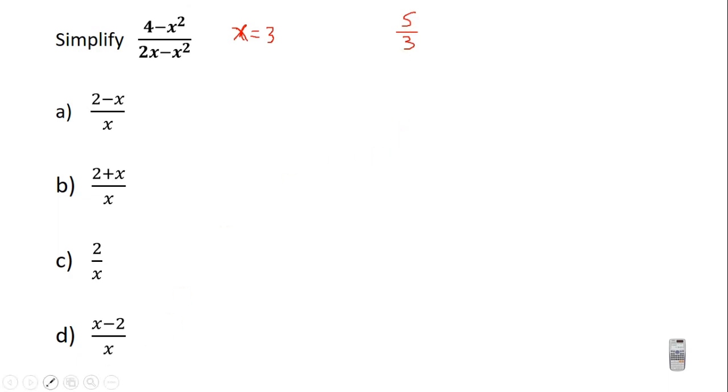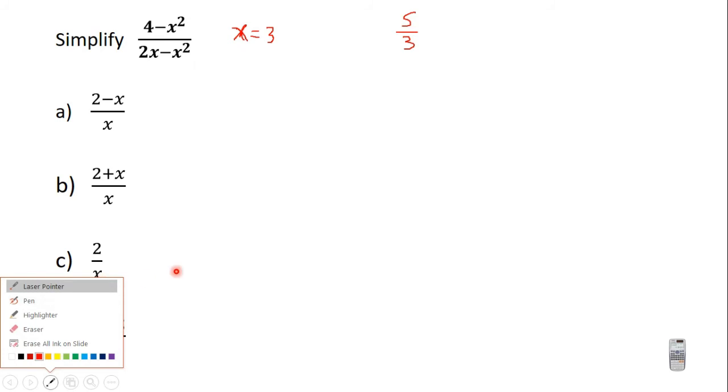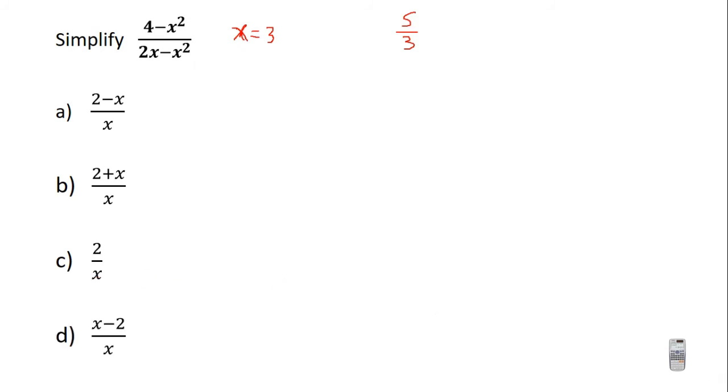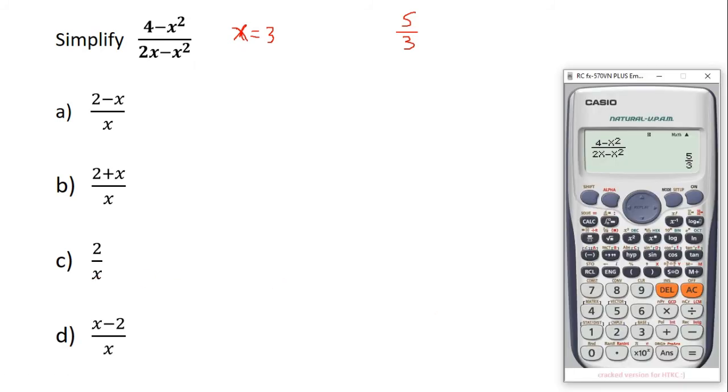So we pick the first one. For the first one, we have (2 - x)/3. We know that x is equal to 3. So on a calculator, we can say that 2 minus 3, divided by 3. Then you press equal to. Now you see that is giving us negative 1 over 3, which means that that is not the correct answer.